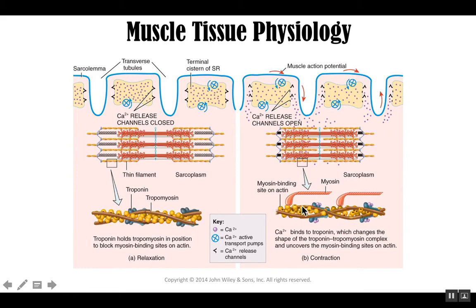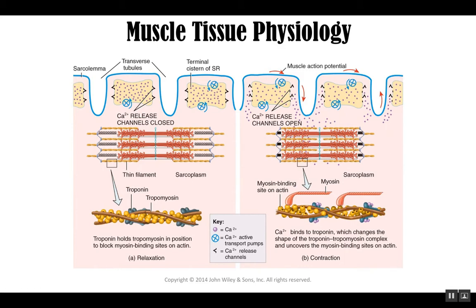So here's the thin filament showing the troponin here in blue, the calcium shown here in purple. When calcium binds to the troponin, that is going to move tropomyosin, which, you remember, is the blocker, but it has moved out of the way, and it allows the myosin to bind to the actin.